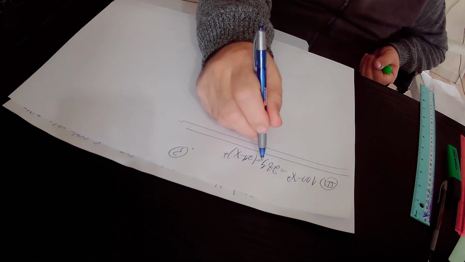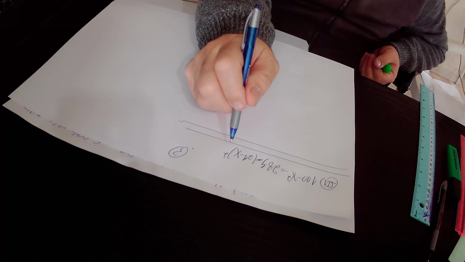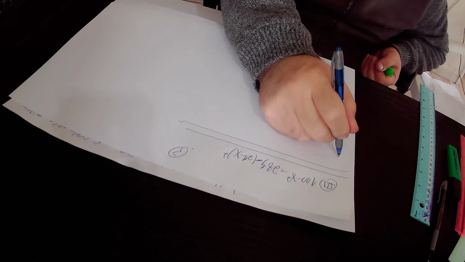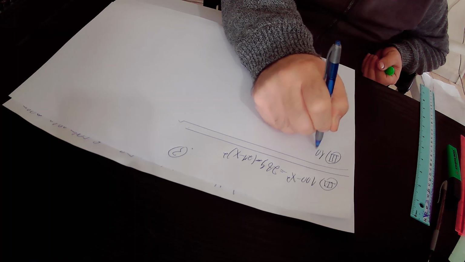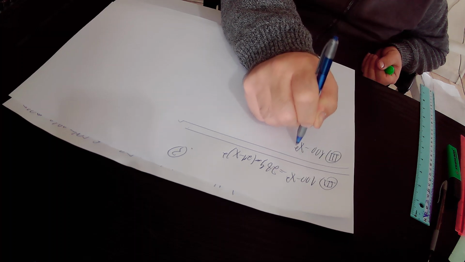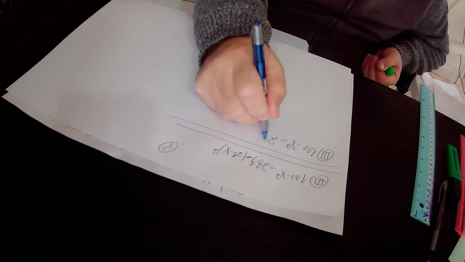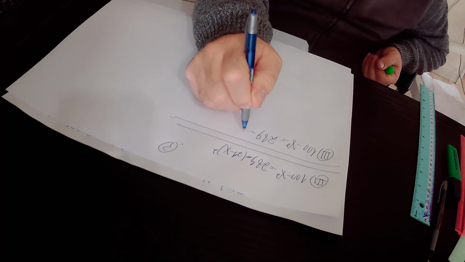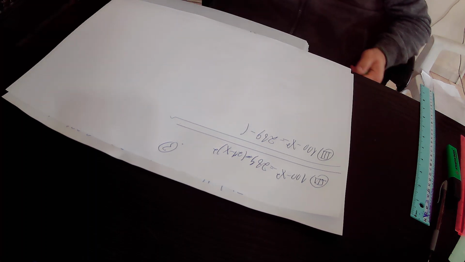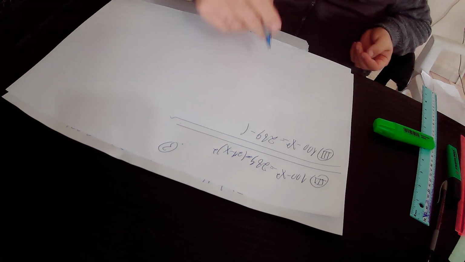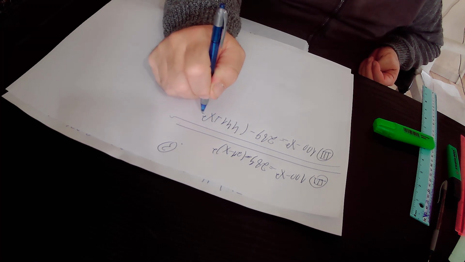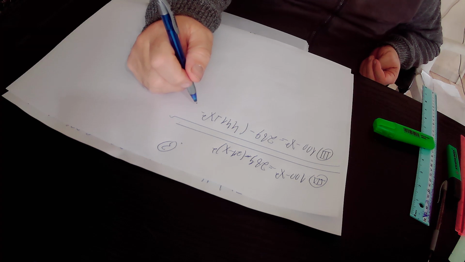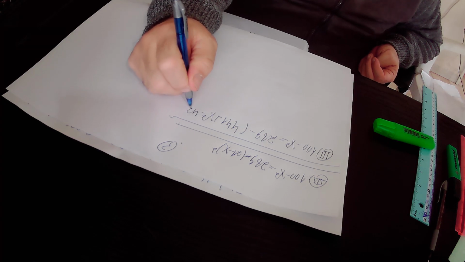So here we open the brackets of this expression (21 minus x) squared, and we get that 21 minus x squared equals 441 plus x squared minus 2 times 21 times x, which is minus 42x.